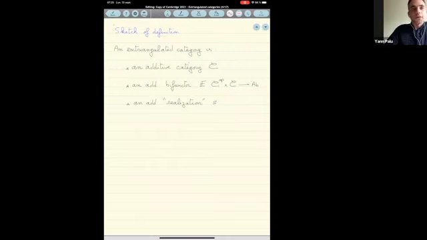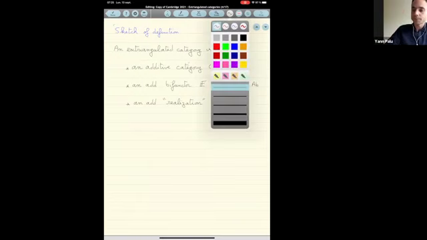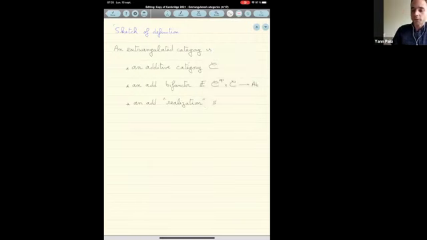And so the definition of an extriangulated category is a bit lengthy. But in short, it's the data of an additive category with an additive bifunctor E, which one should think of as some Ext^1 bifunctor.